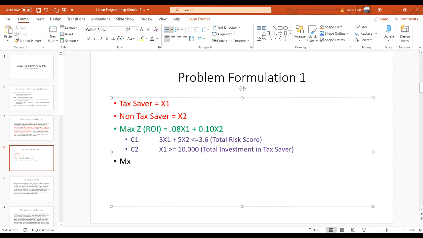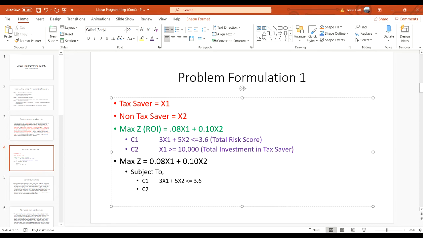So max z is equal to 0.08 x1 plus 0.10 x2 subject to, and this just means under the limitations of, 3x1 plus 5x2 less than or equal to 3.6.